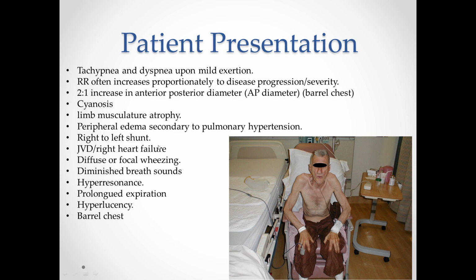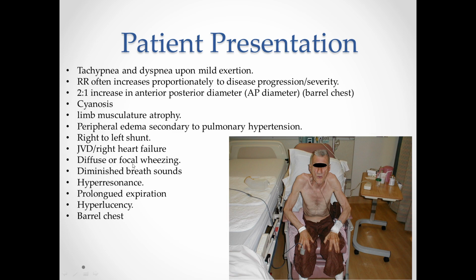And when it fails, there's enhanced fluid in the systemic vasculature, such that people present with pedal edema, jugular venous distension, hepatomegaly, and so on and so forth. Right to left shunting because of alveolar destruction, JVD, right heart failure. I just talked about that.